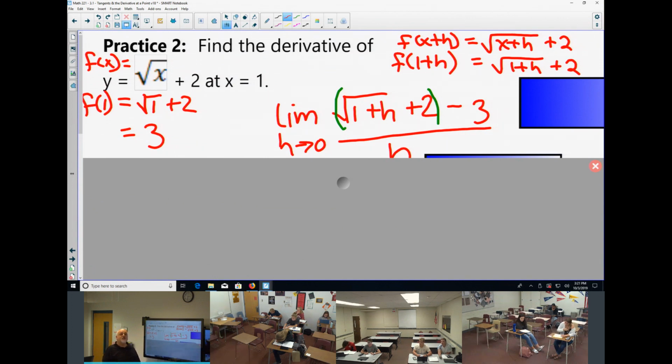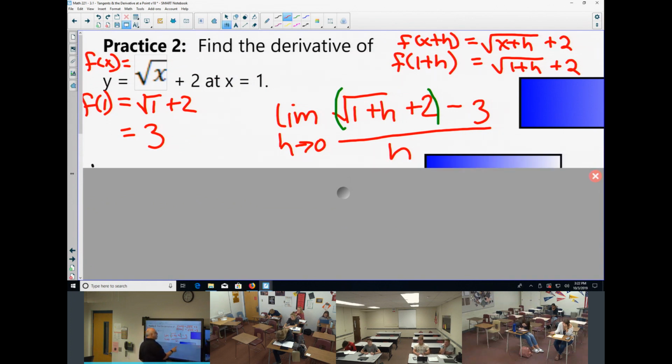Okay, so now you write your limit. So it's the limit as h approaches 0 of the f of 1 plus h minus the f of 1 all over h. Okay.